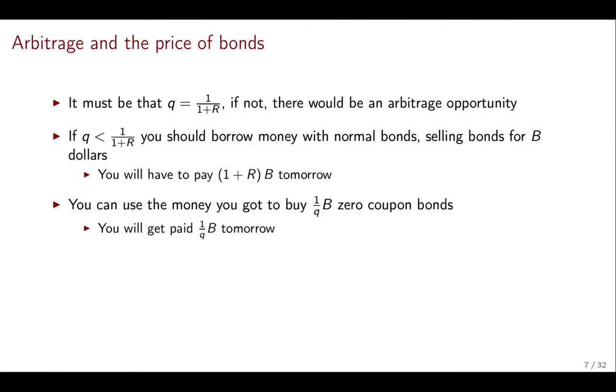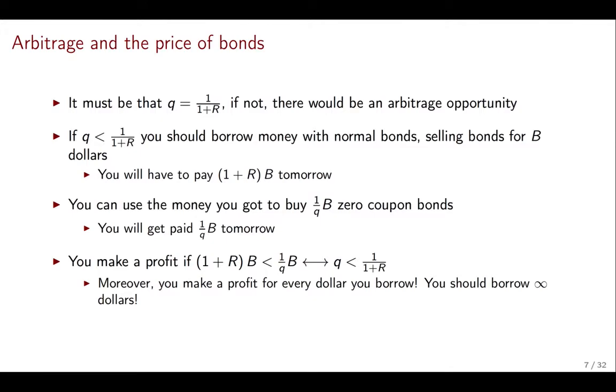Because they pay their face value, you will get paid tomorrow 1 over Q times B. Now you make a profit if how much you have to pay for the debt you have is less than how much you get paid by the zero coupon bonds. But you can see that B here is irrelevant, it cancels out. And so as long as Q is less than 1 over (1 + R), you make a profit. Actually, you make a profit for every dollar that you borrowed.